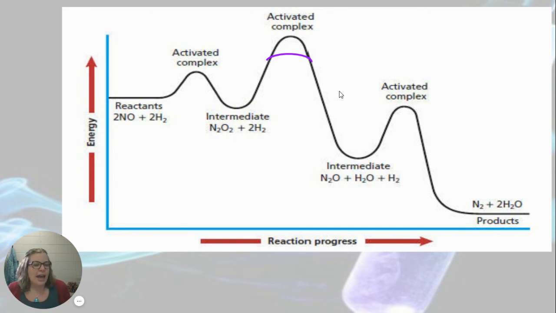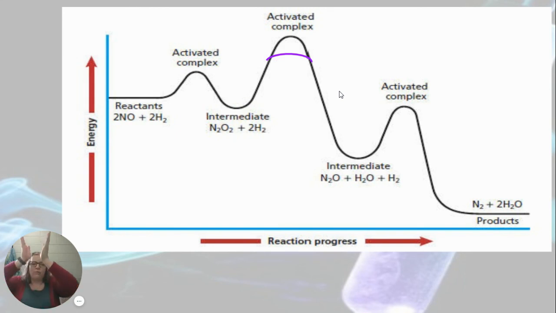When you add a catalyst, the catalyst needs to go into the slow step. Otherwise, it doesn't matter. So if you think about your traffic reference again, if I've got a highway that has 4 lanes, and my slow step is the 2 lanes that it goes down to because of construction.